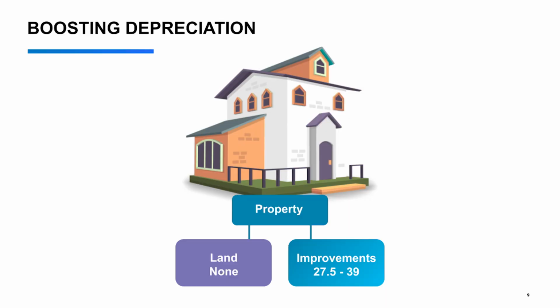Now, buildings are made up of lots of different components. It's not just considered the brick and mortar, the roof, and the floor. Oftentimes there are lots of other improvements that go into that property, things like electrical, plumbing, HVAC, etc. And these items all have shorter useful lives than our 27.5 or 39 years.